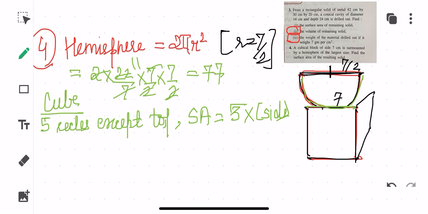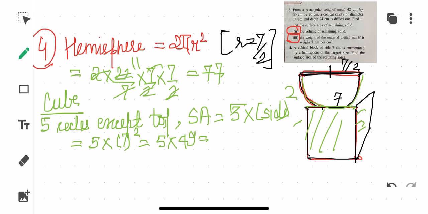So for 5 faces, this face, downward, this side and the other side, out of 6, the 5 faces will be 5 into side square. The side has been given as 7. So this is 5 into 7 square, which is 5 into 49, equal to 245 centimeter square.